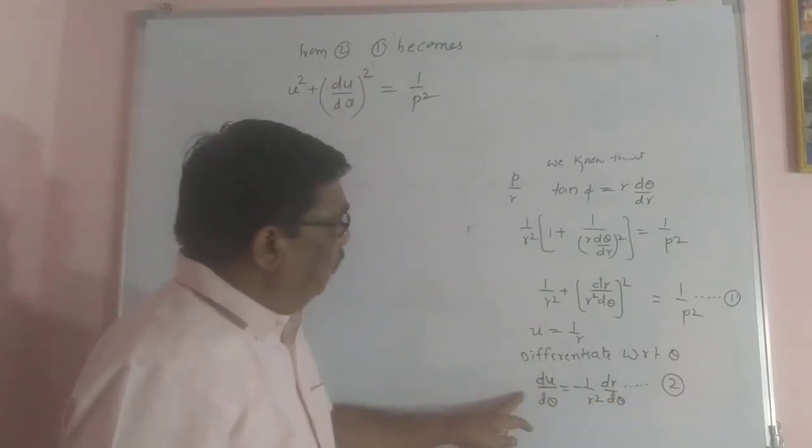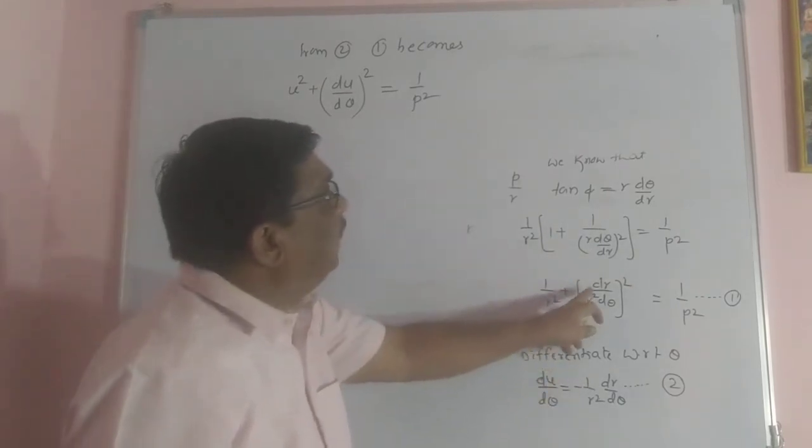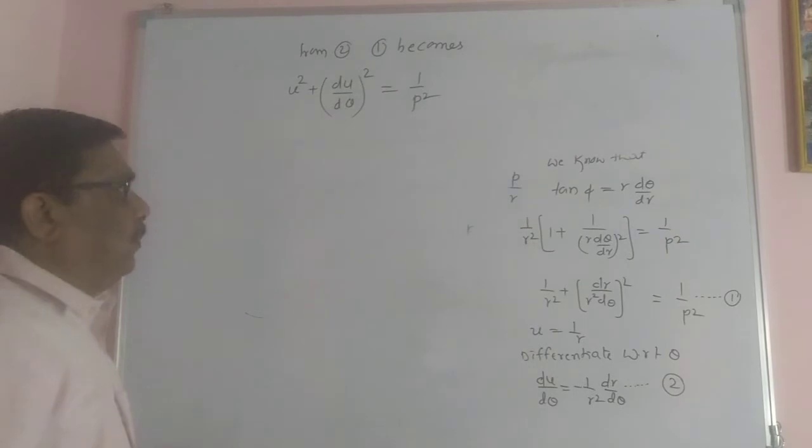This is nothing but du by d theta whole square, and the minus sign will also go, because minus du by d theta whole square becomes plus.